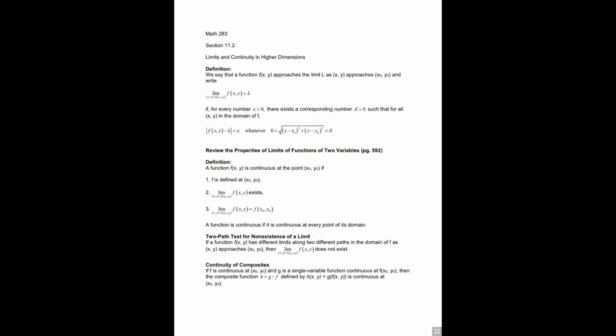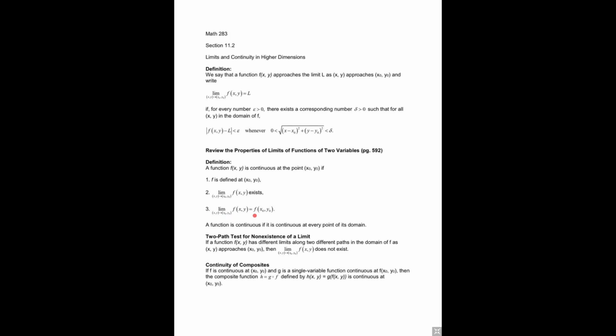All right. Another definition: a function f of xy is continuous at a point x sub 0, y sub 0 if f is defined at x sub 0, y sub 0, the limit as xy approaches x sub 0, y sub 0 of f of xy exists, and the limit as xy approaches x sub 0, y sub 0 of f of xy is equal to f of x sub 0, y sub 0.